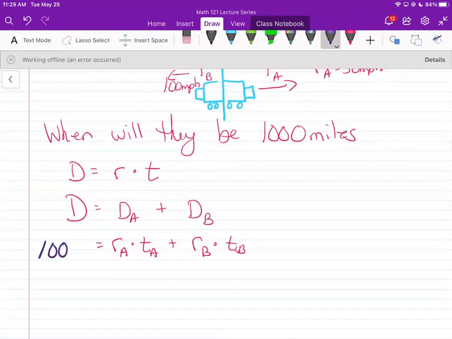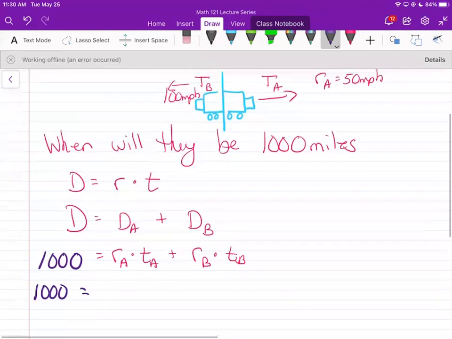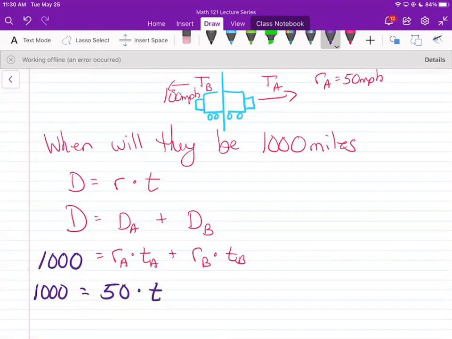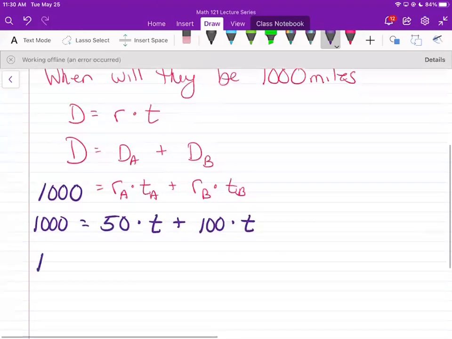And we know their total distance is 1,000 miles. So we're going to have 1,000 miles is equal to the rate of truck A, which was 50 miles per hour, times whatever time it takes them, plus the rate of truck B, which is 100 miles per hour, times that same amount of time. Again, because they left at the same time.